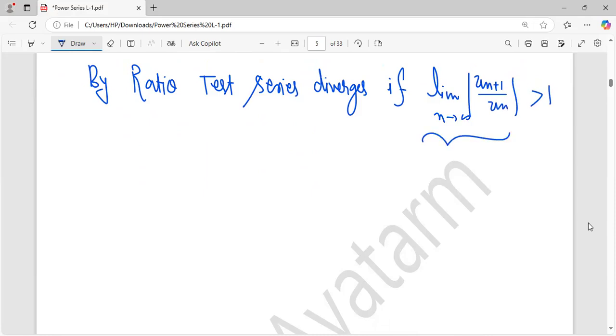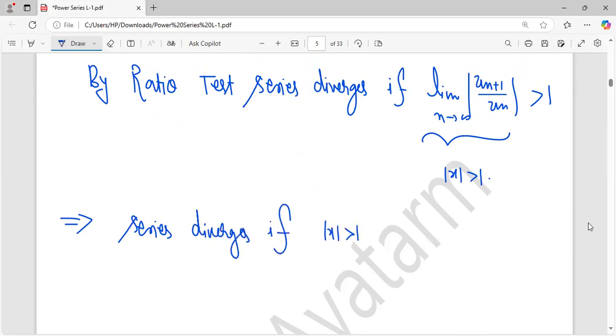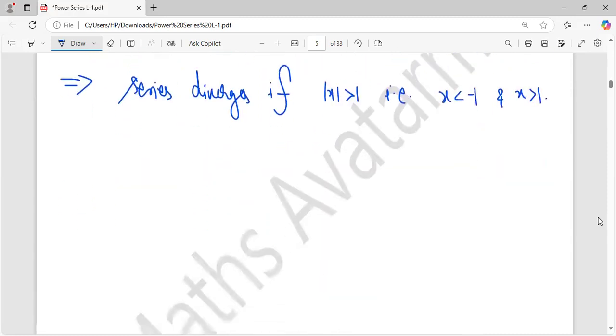But we have solved this, so this implies the series diverges if x is less than minus 1 and x is greater than 1.